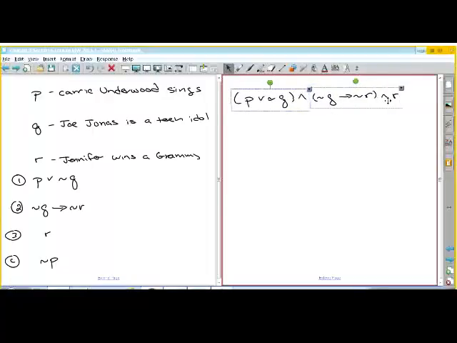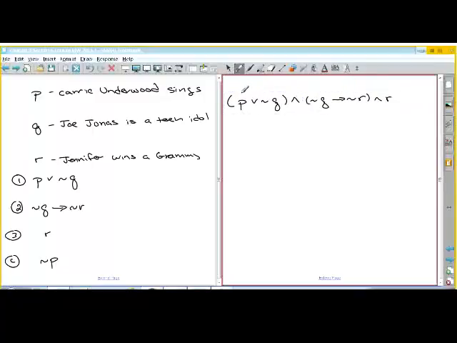And those are my three premises, and I'm going to put a square bracket, and then I have a conditional connected to the conclusion. So that's the logic argument that we're going to look at to determine whether this is a valid argument or not.